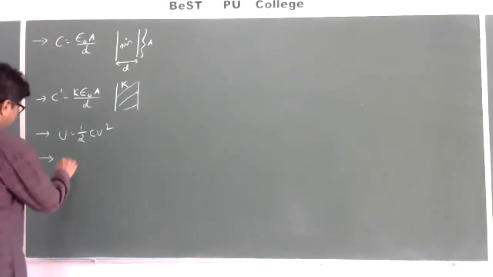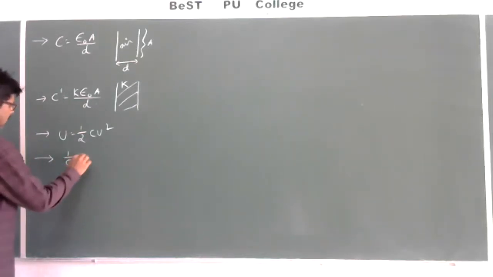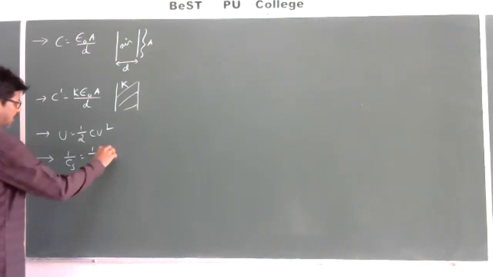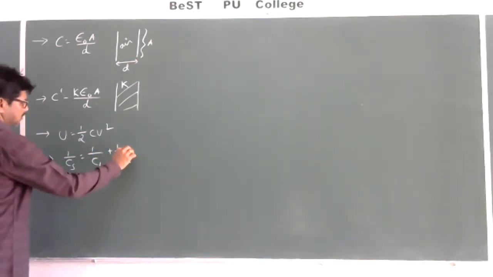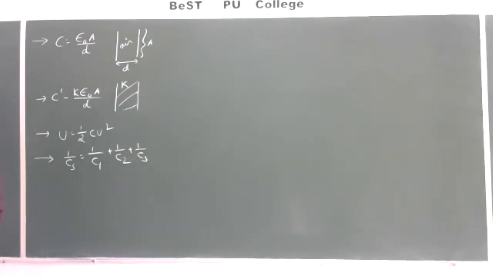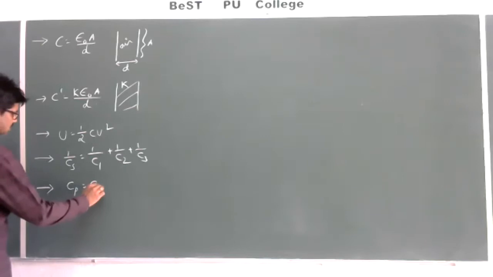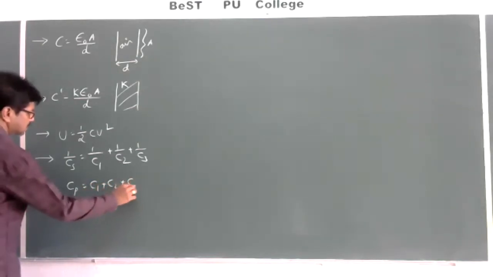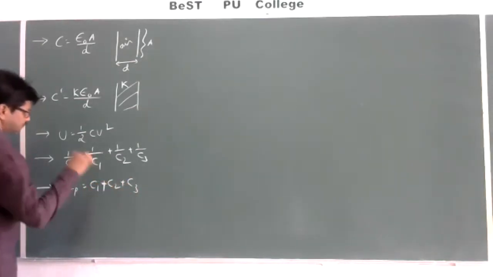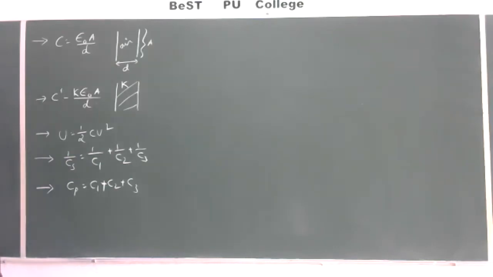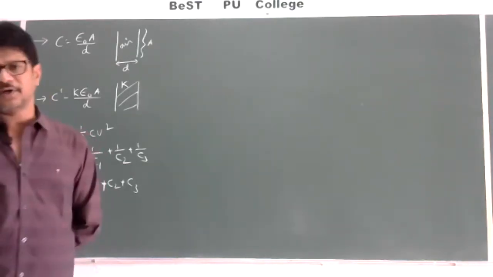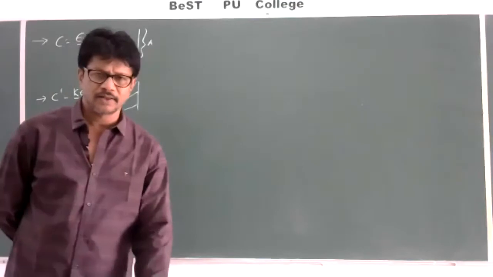In case of the series combination, the formula to find out the effective capacitance is 1 by Cs is equal to 1 by C1 plus 1 by C2 plus 1 by C3. As far as the parallel combination is concerned, Cp is equal to C1 plus C2 plus C3. So these are the few important formulas we are going to use.